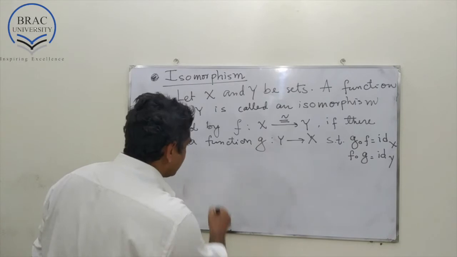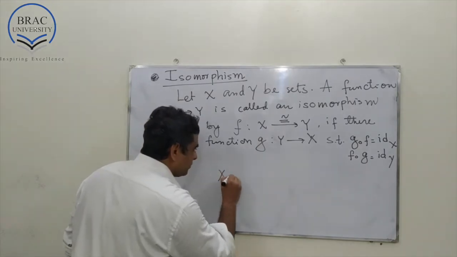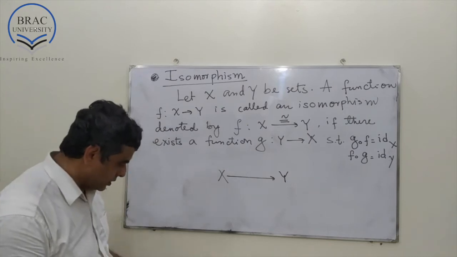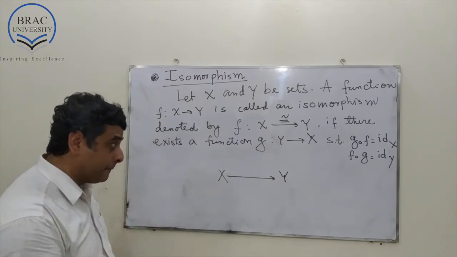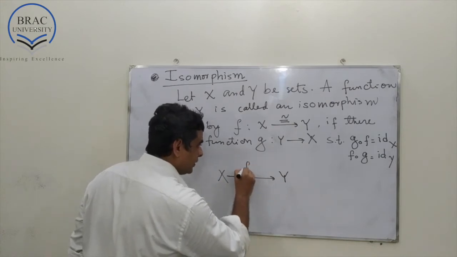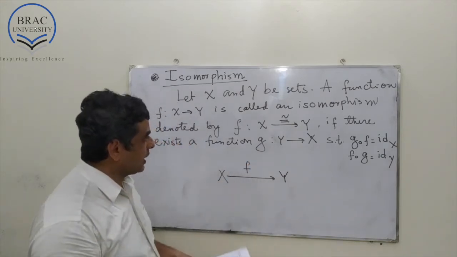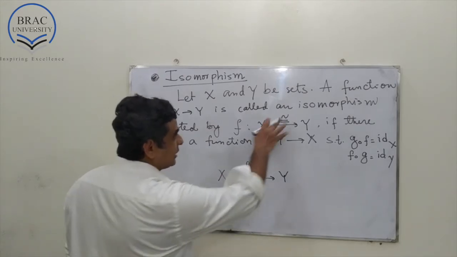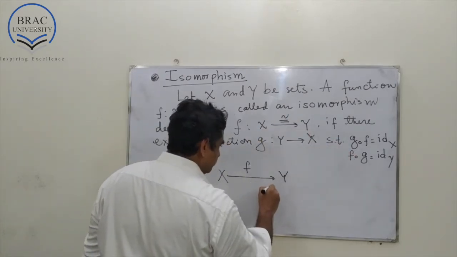So diagrammatically, if these two sets are isomorphic, with f being the isomorphism between them, there exists a function g satisfying all these properties.